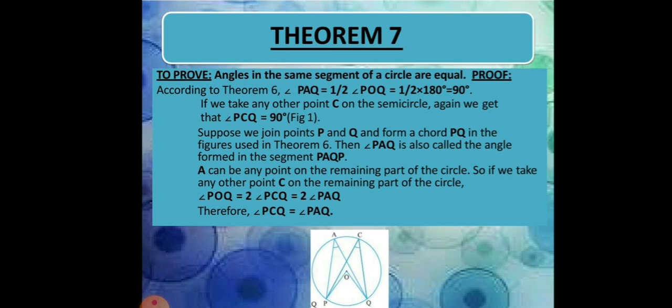If we take any other point C on the semicircle, again we get angle PCQ equal to 90. You can see in the figure. So angle PAQ and angle PCQ are both equal to 90 degrees. So angle POQ is double of angle PCQ and POQ is also double of angle PAQ. So both are equal. Angle PCQ is equal to angle PAQ.